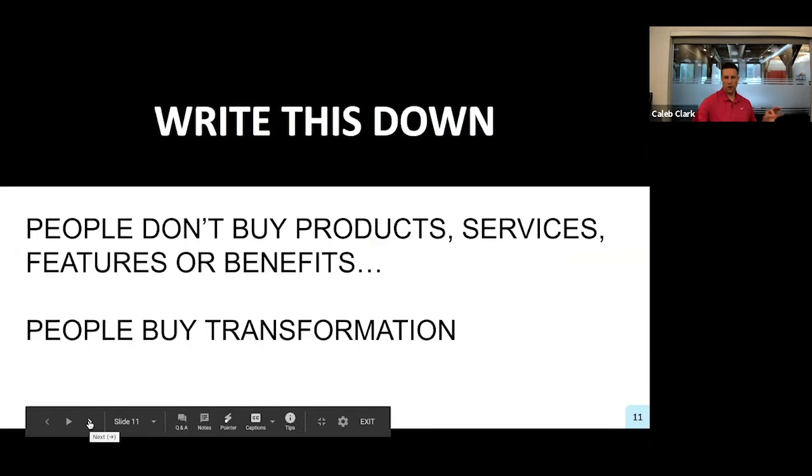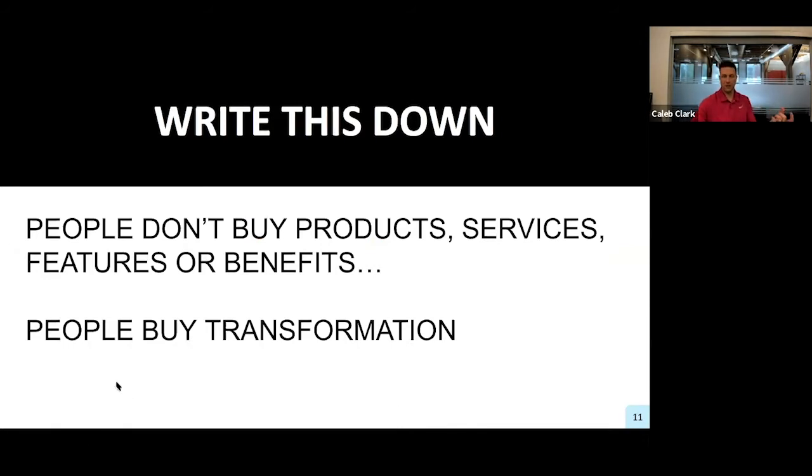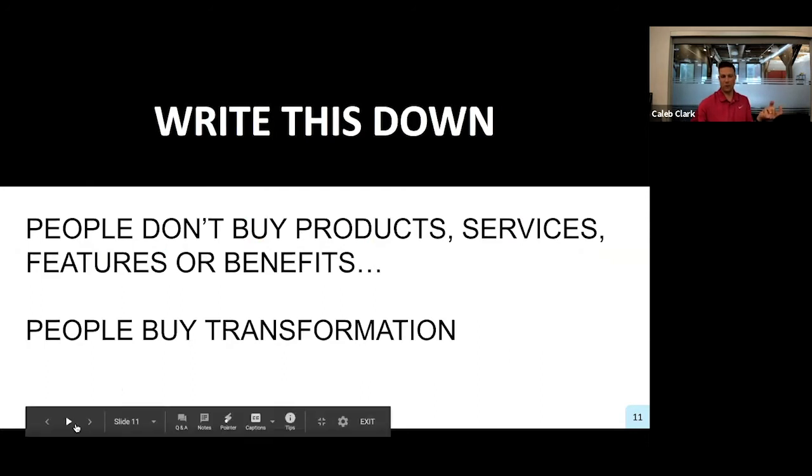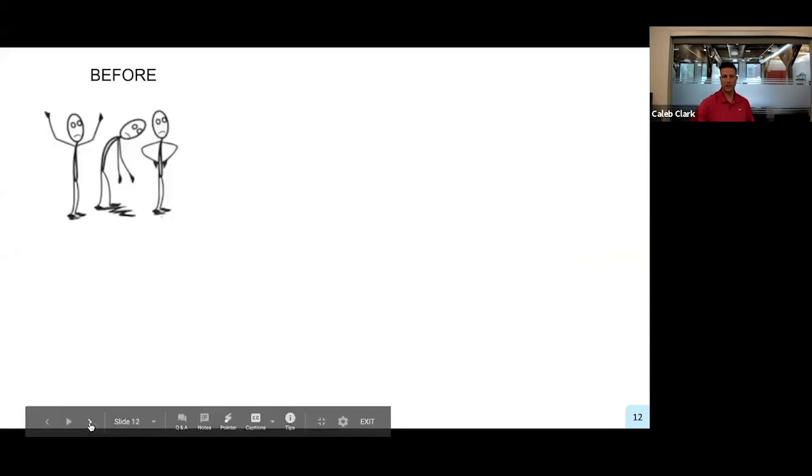People don't buy products or services, features or benefits. They buy transformation from a non-ideal before state to an ideal after state. Anything anyone in the audience is selling, deep down, that's what your customer is buying. They're buying that transformative state, right?